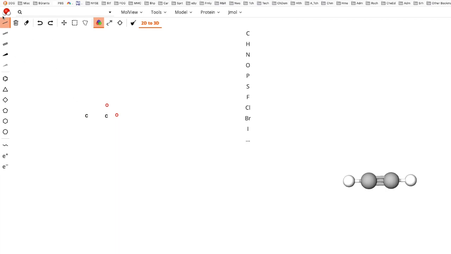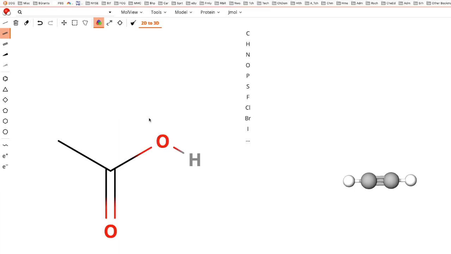That was an error. And I'm just going to put the double bond right there. And I actually need to show that it's a double bond. And you can see that that's the structure I have. But when I clean it up, it does that. That right there is acetic acid.